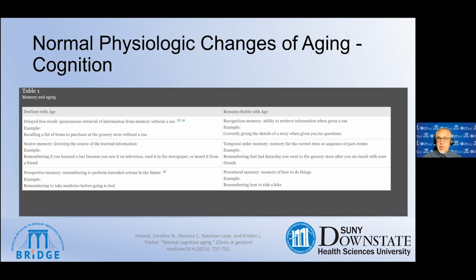And some changes to cognition, although this is remarkably overstated in the popular conception of what happens to older adults as they age cognitively, right? There are some changes in free recall, source memory, and prospective memory. But overall, many forms of cognition remain remarkably stable. Recognition memory, temporal order memory, procedural memory, crystallized knowledge.